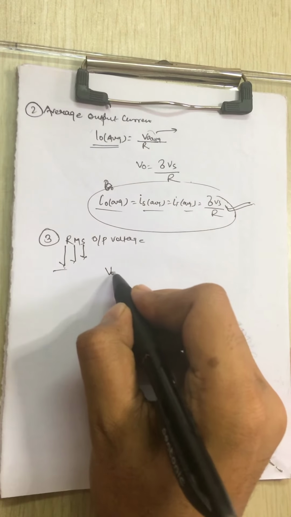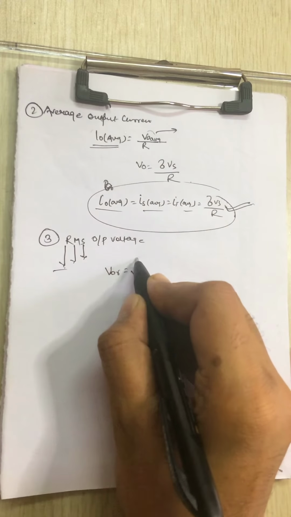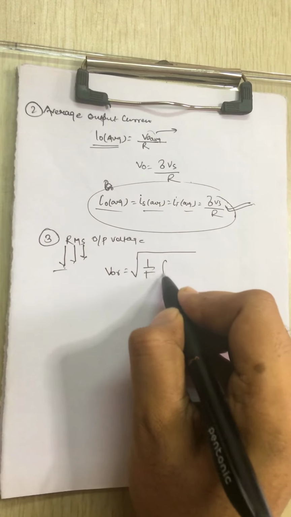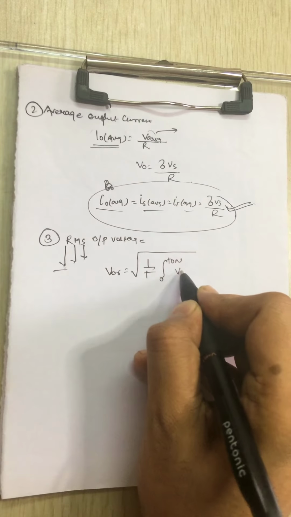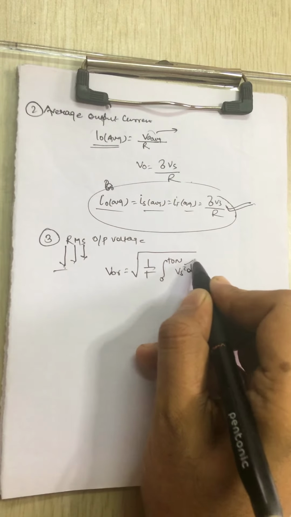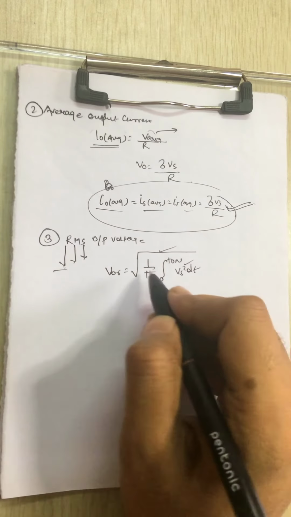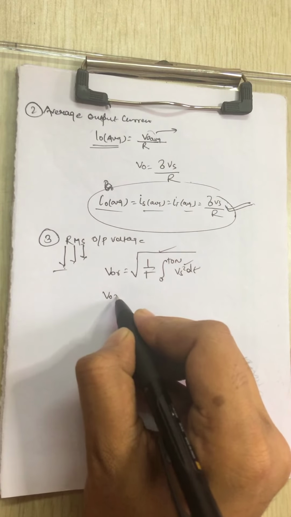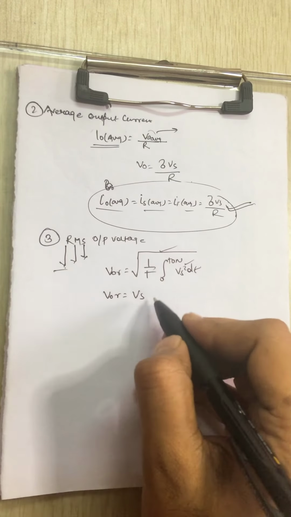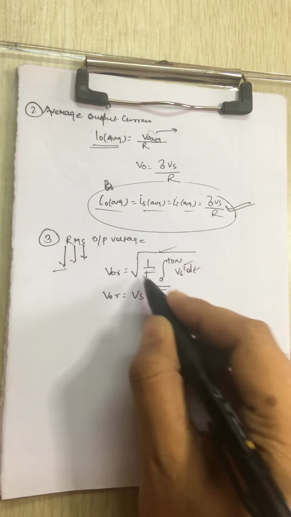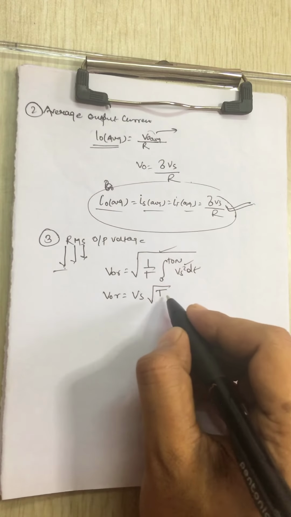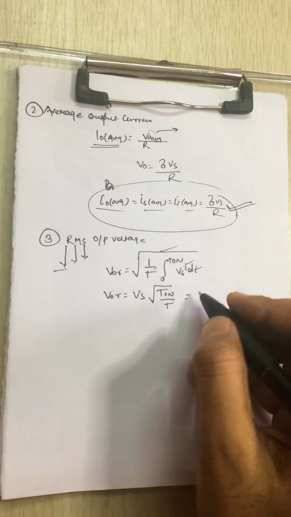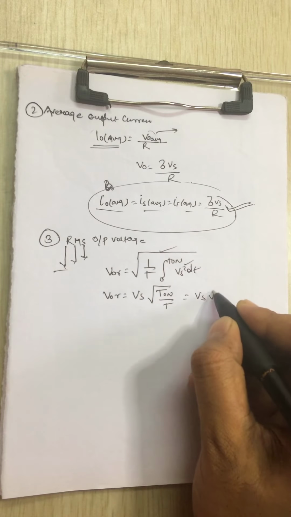So VOR is equal to the square root of 1 by time period, integral from 0 to t on of Vs square dt. If you solve this, you will get the expression Vs under root of t on by T, that is Vs into under root of delta.